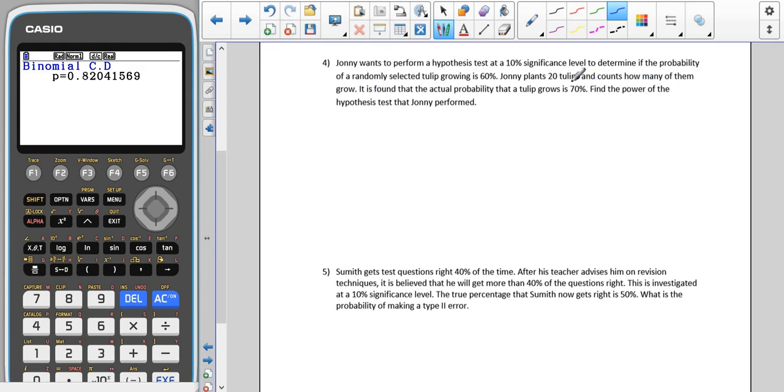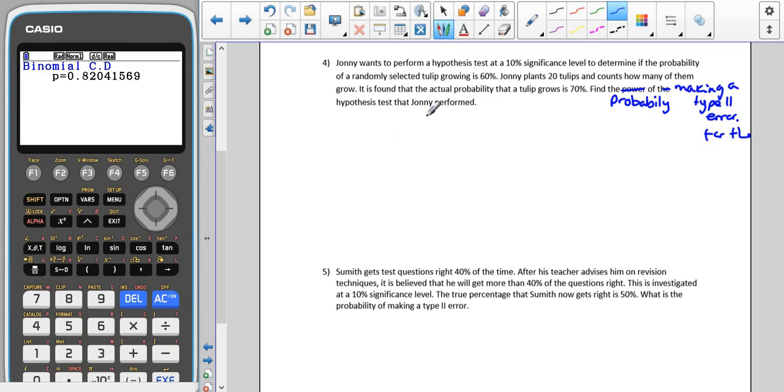Find the power, find the probability of making a type 2 error for the hypothesis test that Johnny performed.